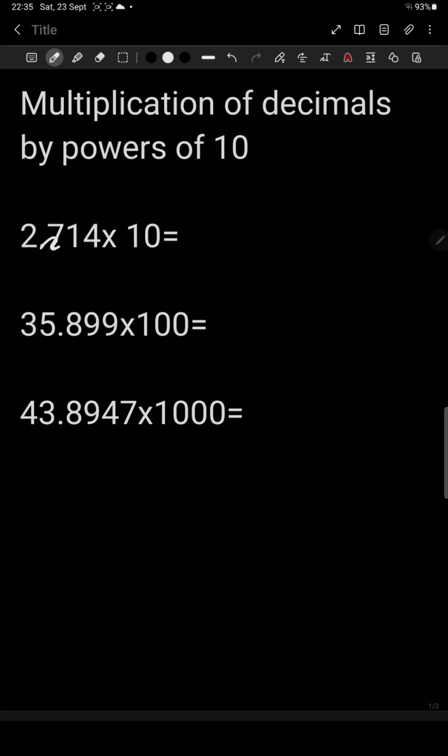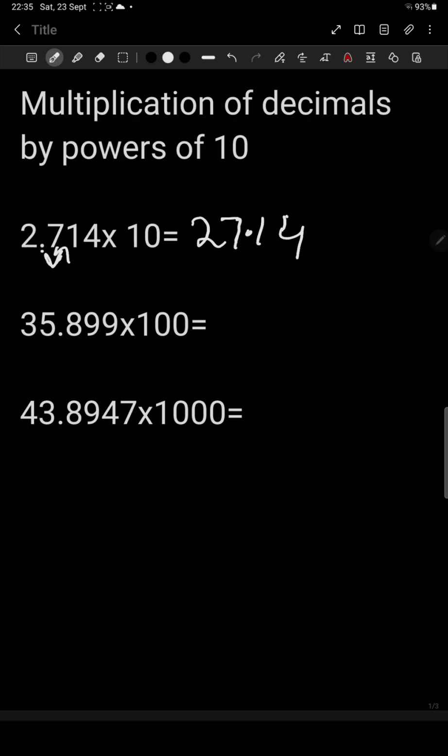The decimal will move one place to the right. The number remains the same, 2714, but the decimal moves one digit towards the right side.